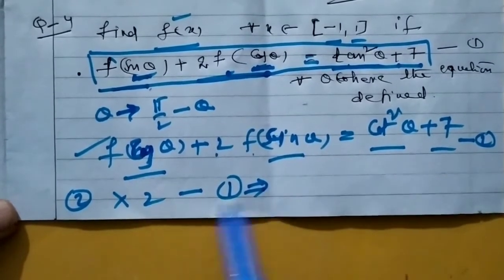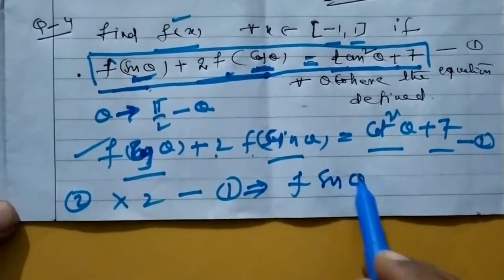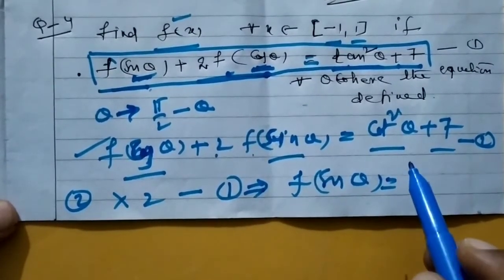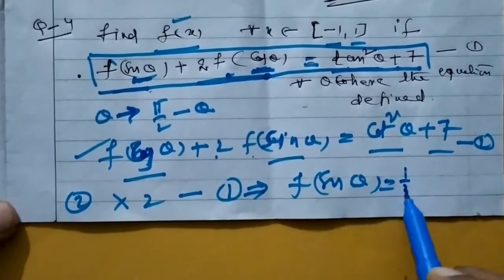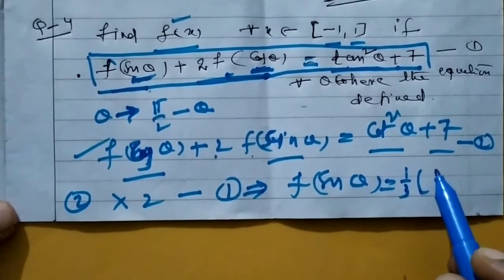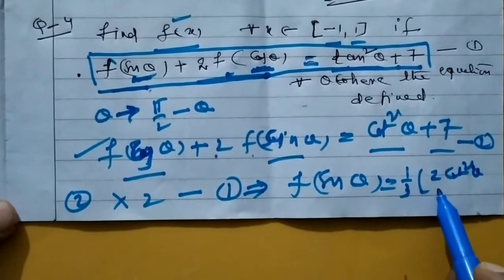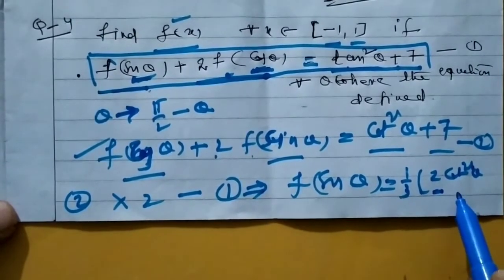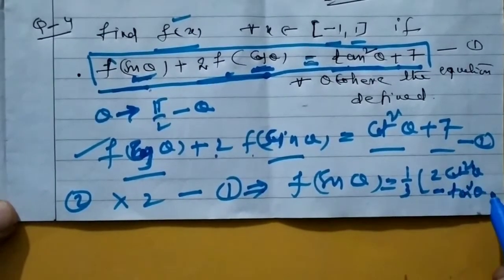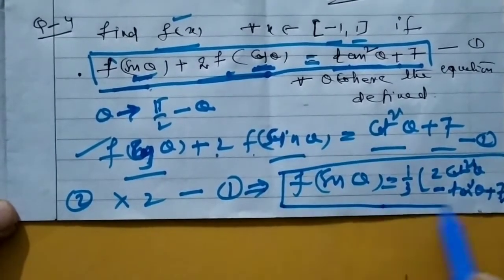From doing this, f of sin theta is equal to 1 by 3 times of 2 cot square theta minus tan square theta plus 7. You ultimately get this equation by doing that activity.